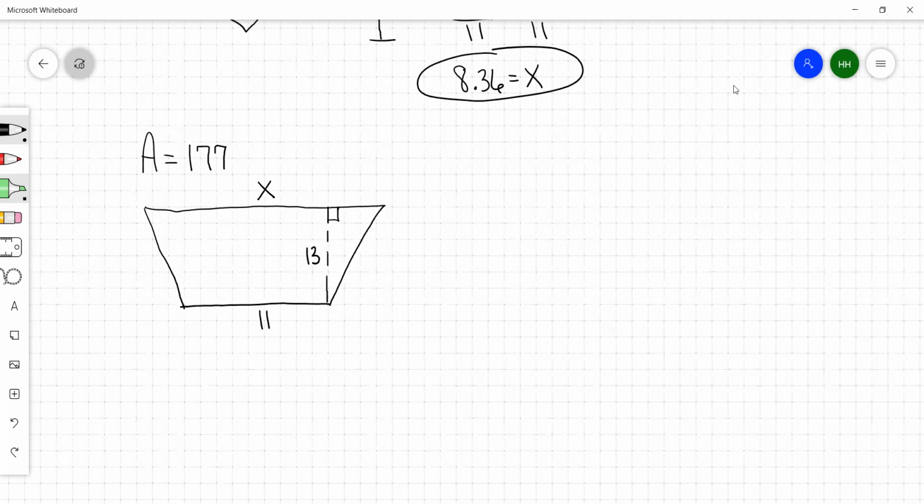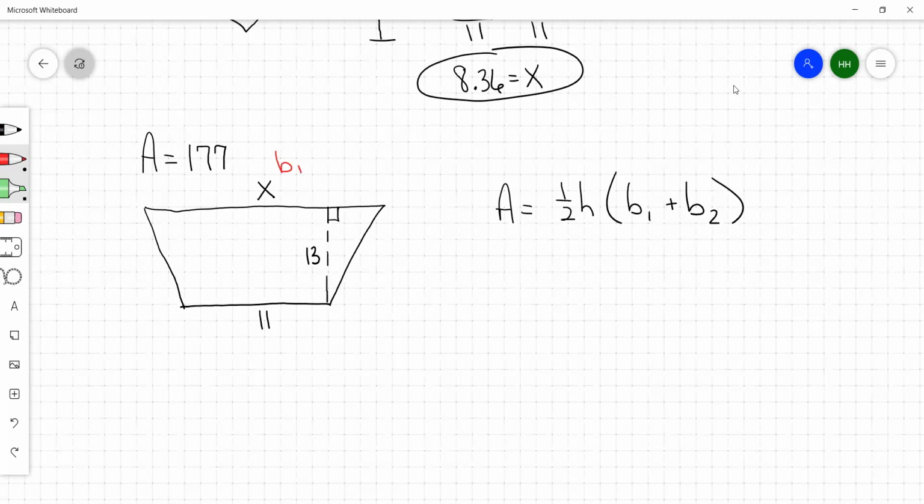So what's the formula for the area of a trapezoid? Very good. Now, when you're starting to get multiple data points, label them. You've got your area. What do you want to call the X? B1.